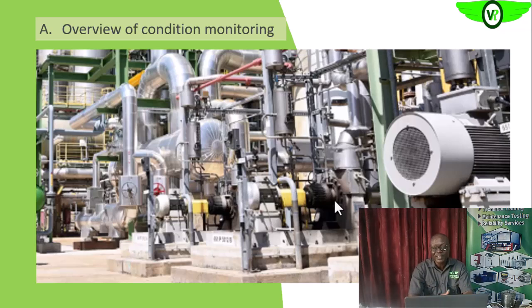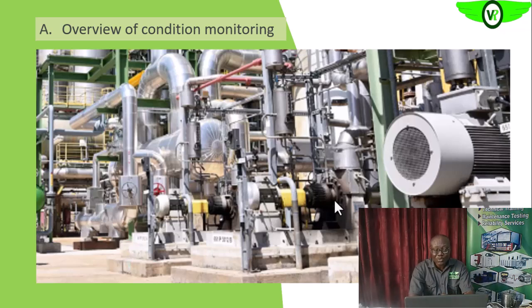So it is with plant equipment too. Plant equipment have normal operating temperature. There are other parameters too, and you can look even at pressure. In a human, we have normal pressure. So this will give us an indication as to the health or wellness of the plant equipment.